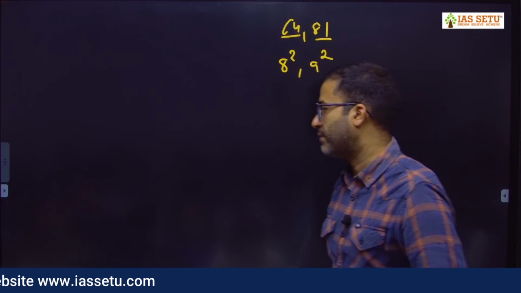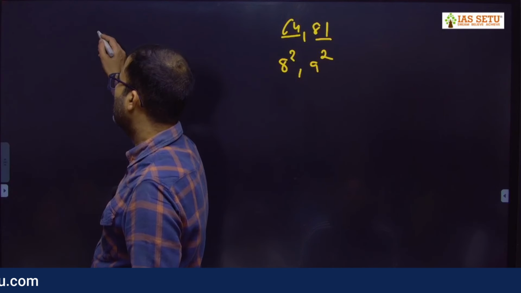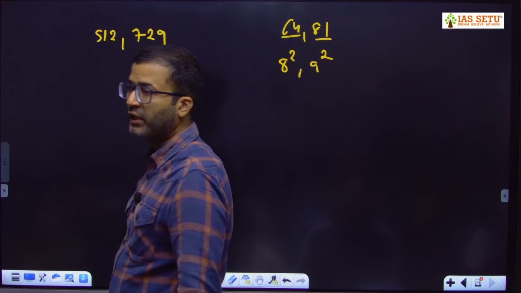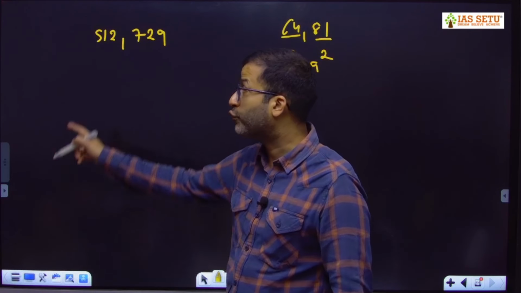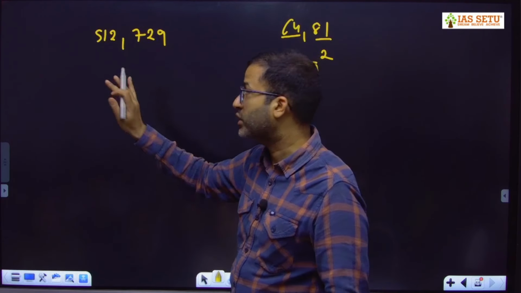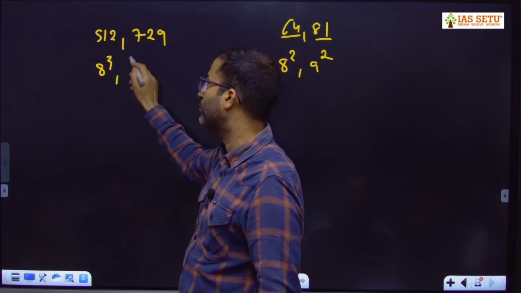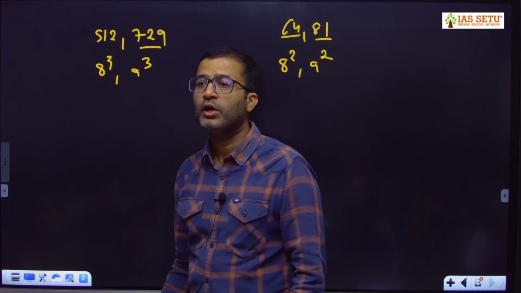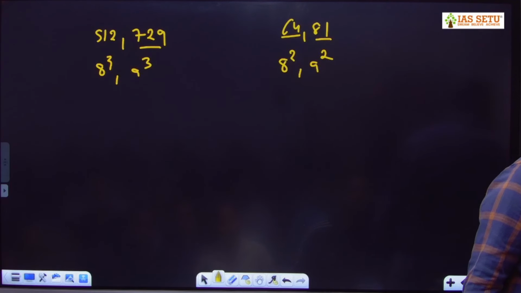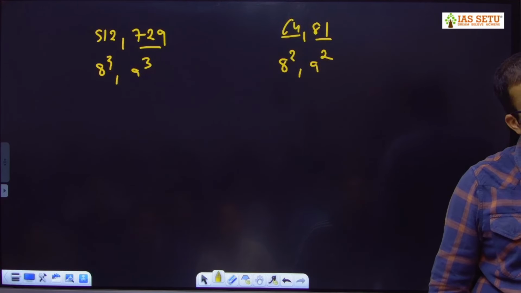For example, if I ask whether 512 and 729 are co-prime, checking all the factors will be time consuming. What is 512? 8 cube, and this is 9 cube. So the concept is, if 8 and 9 are co-prime, 8 cube and 9 cube have to be co-prime.